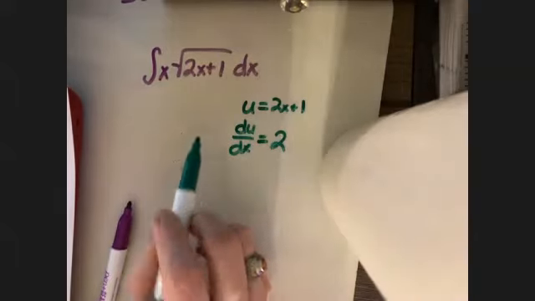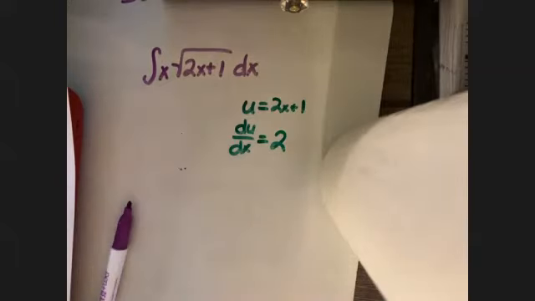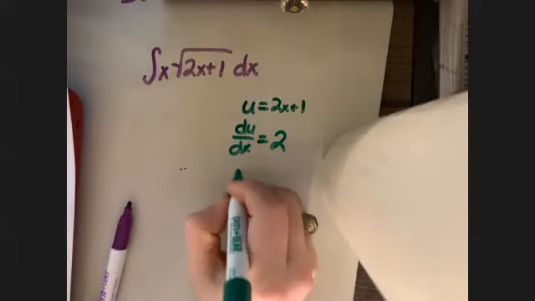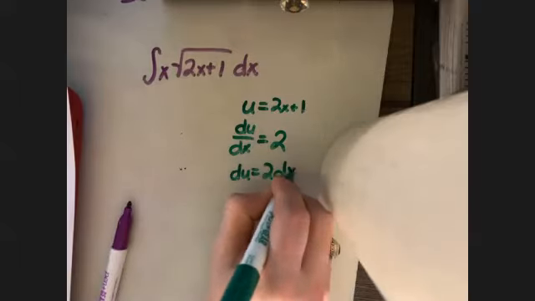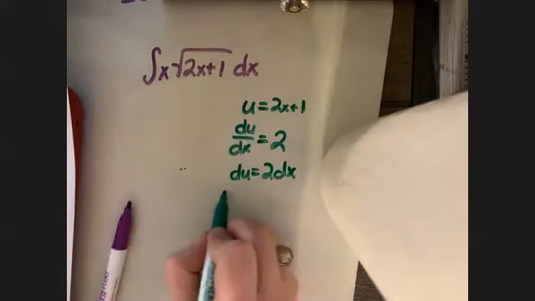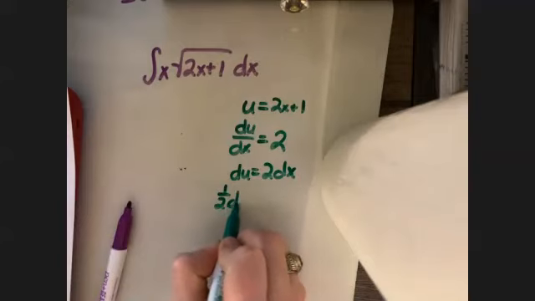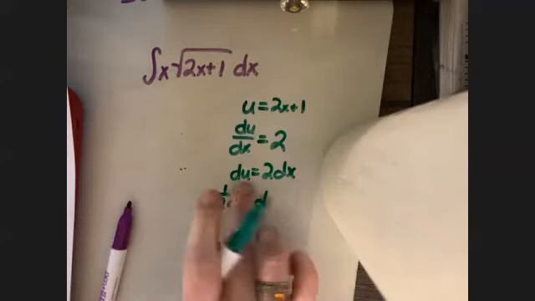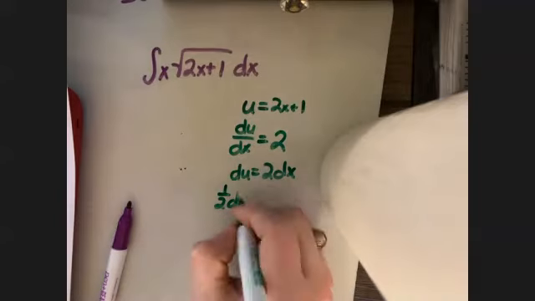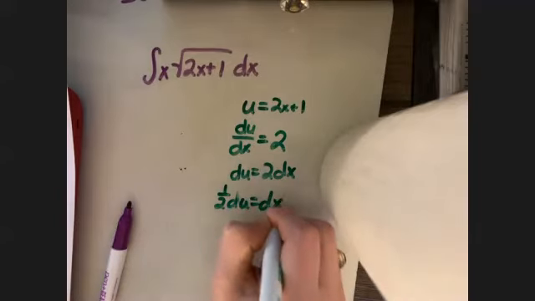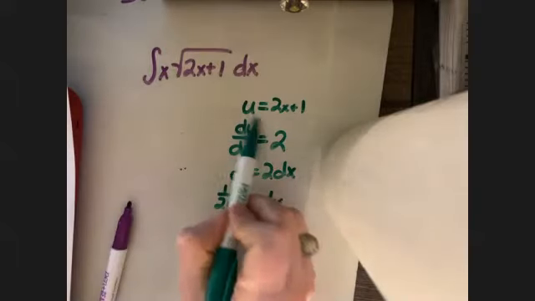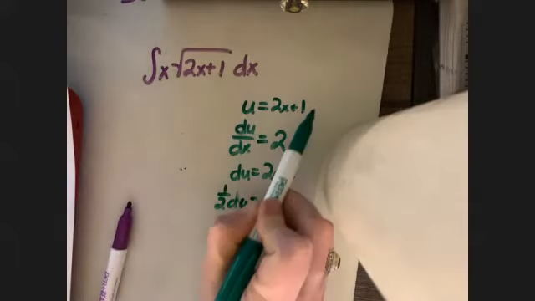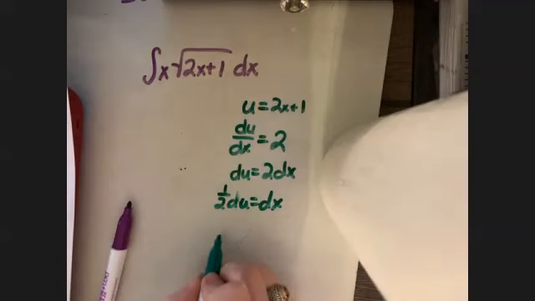Well, what the crap? I've still got this x sitting up here in the front. Okay, calm down. We're going to handle this. du is then 2 dx, but I don't see any 2's in here, so we're going to pull that back across. Now, in order to get the x over here, we're going to solve this original substitution for x.